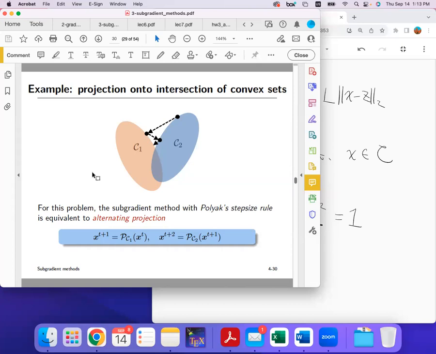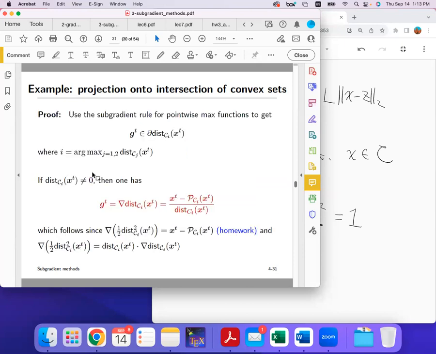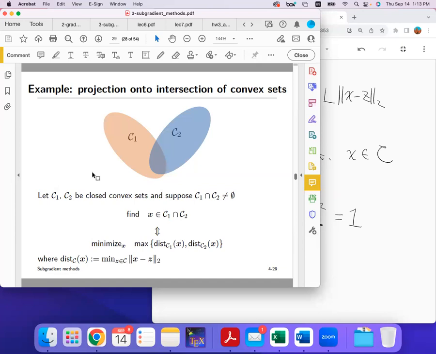And second of all, about convergence rate, it is not that clear how to analyze this algorithm from this alternating projection form. But if we consider it as minimizing such a pointwise maximum function, then this algorithm is essentially a subgradient method applied to this Lipschitz function.